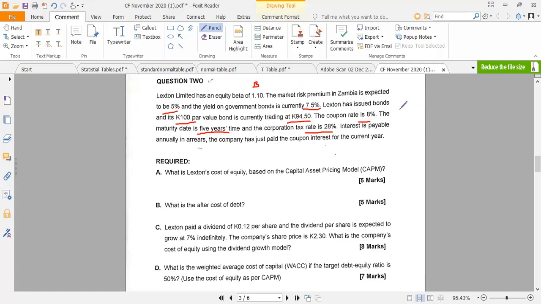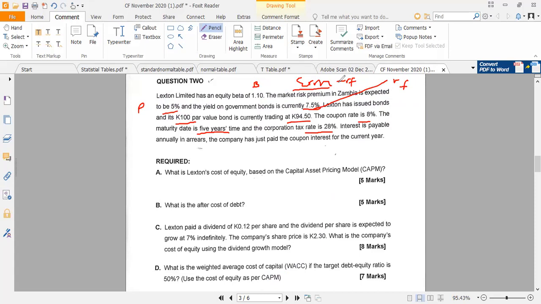Our beta is 1.1. The risk premium, which is ERM minus RF, is 5%. So this is a premium, 5%. And we also have the risk-free rate, RF, at 7.5%.